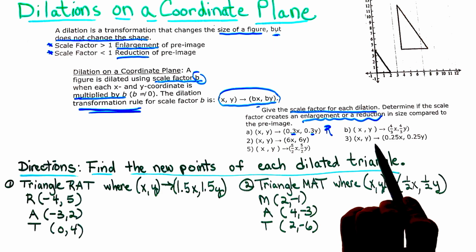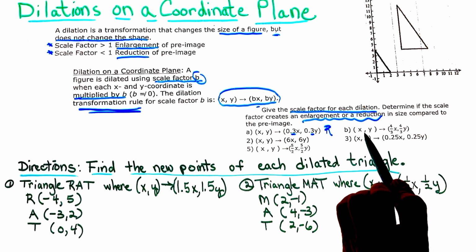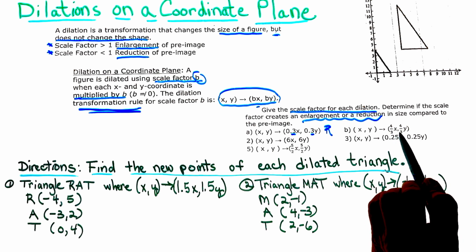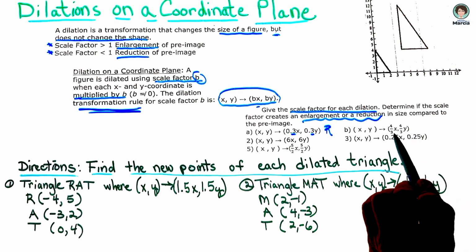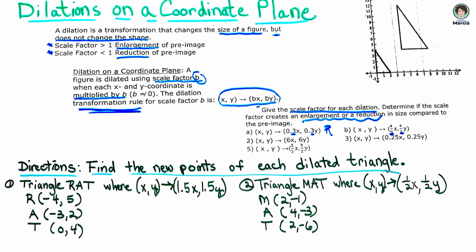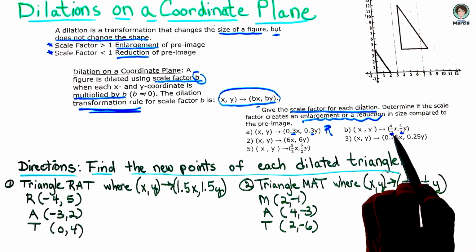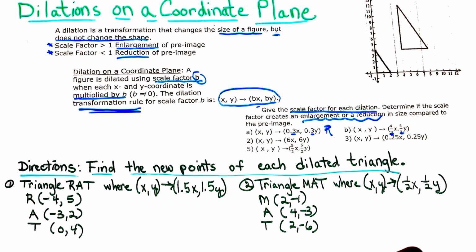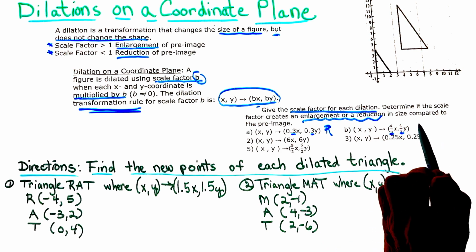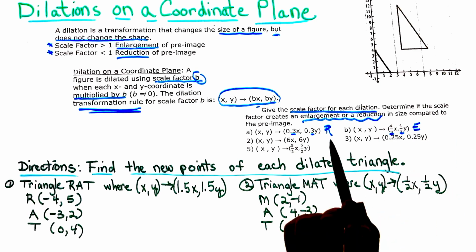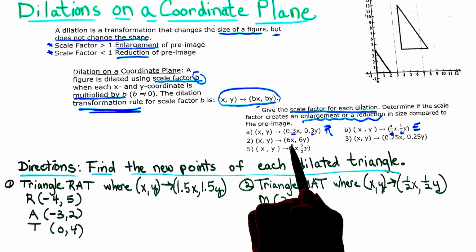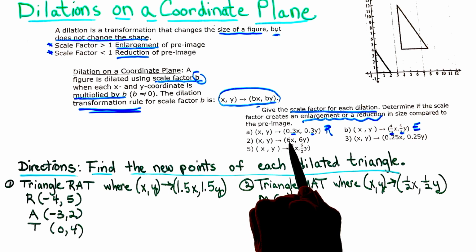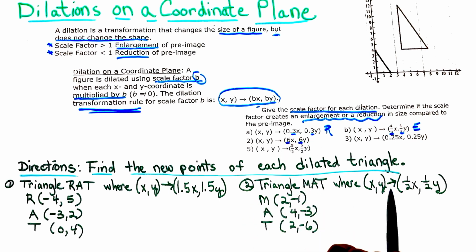All right, so let's look at this second one. I have an x and I have a y, and it's going to 4/3 x and 4/3 y. Again, this is our scale factor, but 4/3 is actually greater than 1 whole. It's 1 1/3. So we know that this is going to be an enlargement, E for enlargement. Looking at the next one, we see that we have an x and a y. So I have a 6x and a 6y.